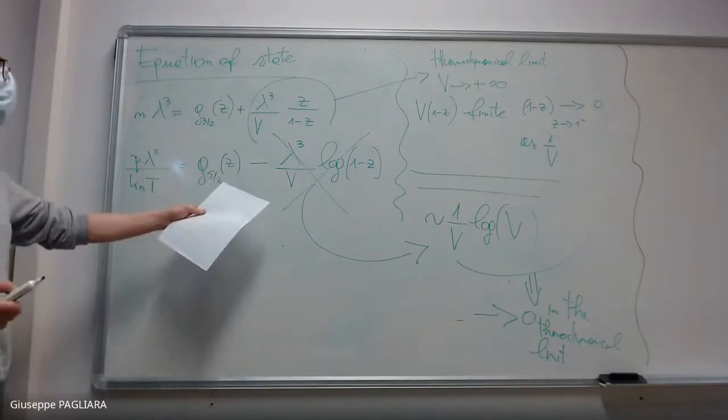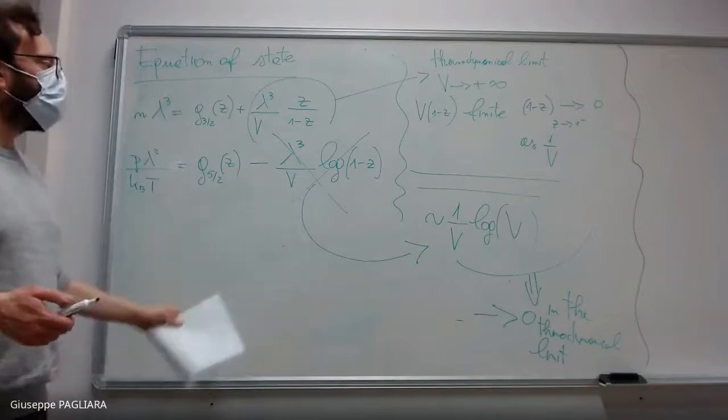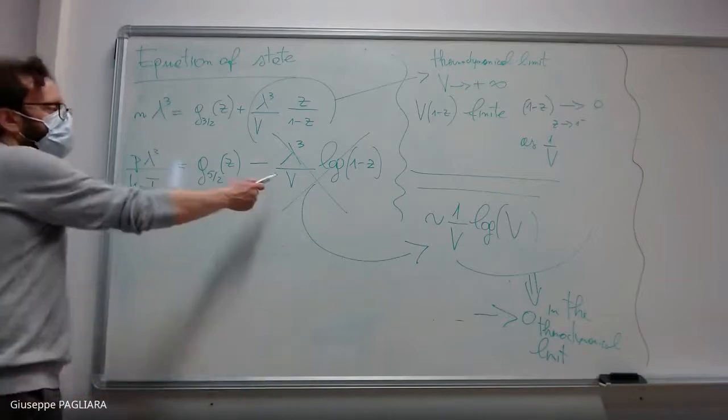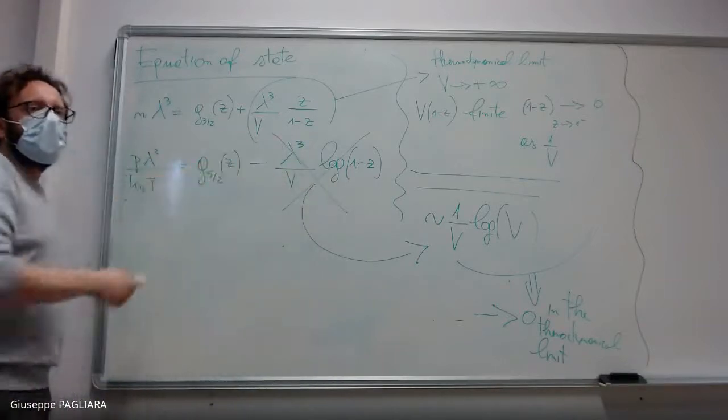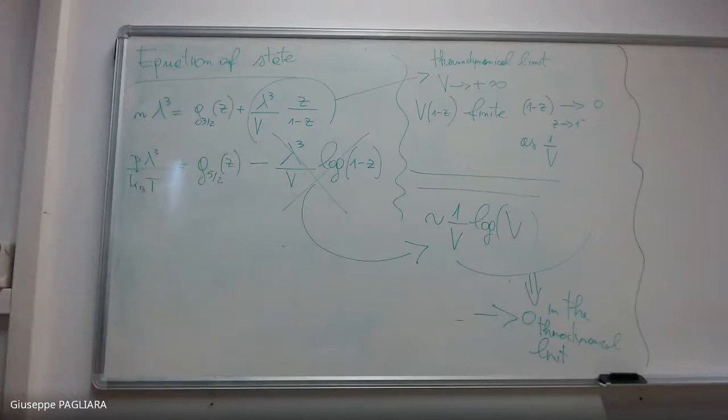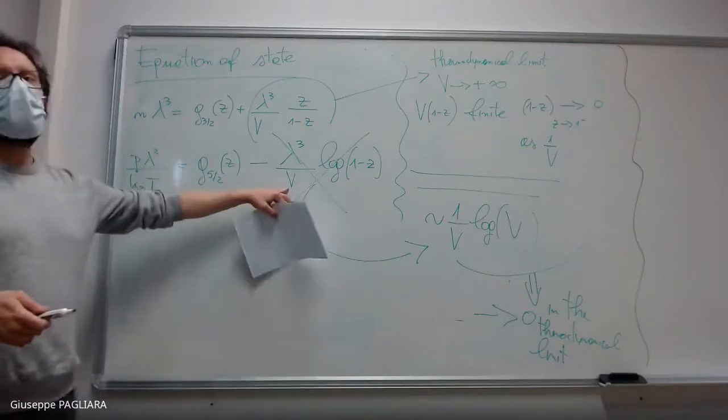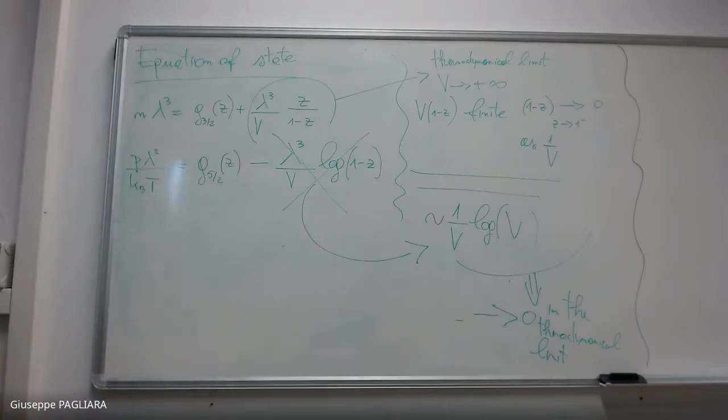And in particular, one can also stress that the contribution of the condensate, which will be this one, is subleading and therefore is vanishingly small in the thermodynamical limit. Said in other words, the particles that are in the ground state do not contribute to the pressure.